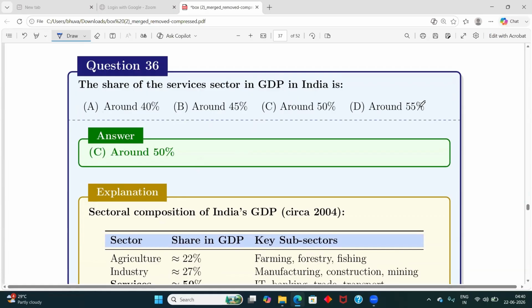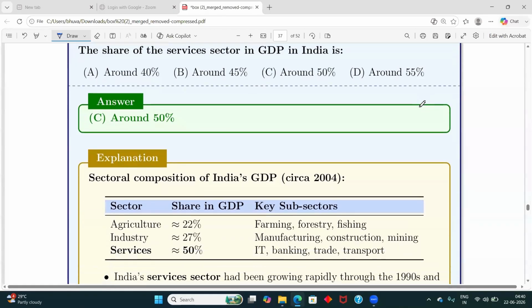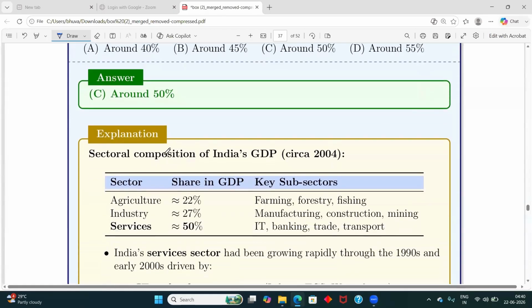Current time it is more than 50%. Let's see the sectoral composition of India's 2004 data. So sector agriculture, industry and services share in GDP: 22% in agriculture, 27% in industry and 50% in service sector.